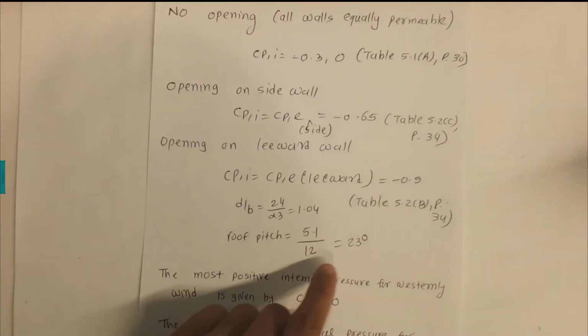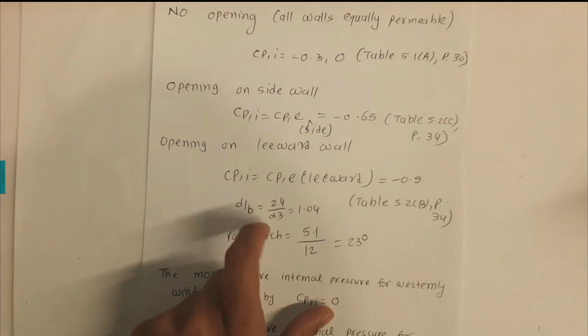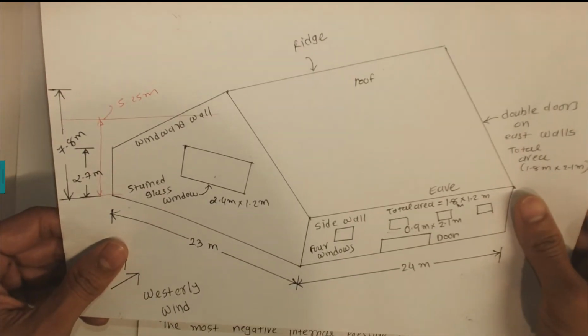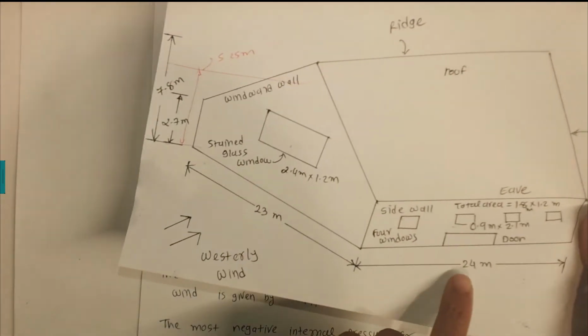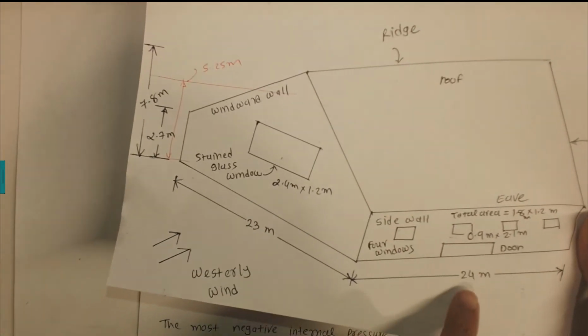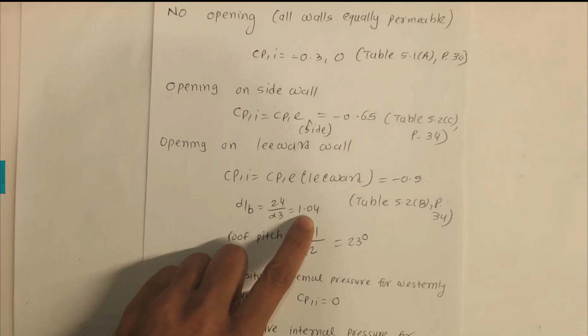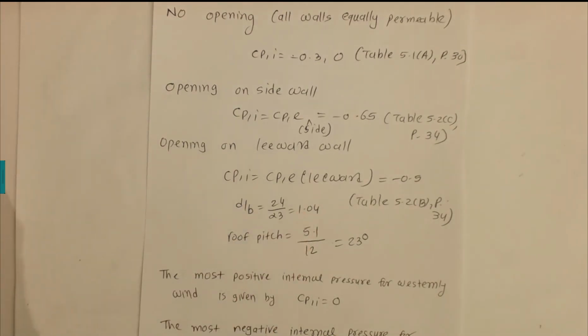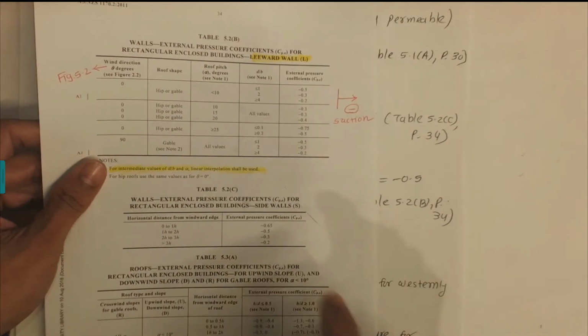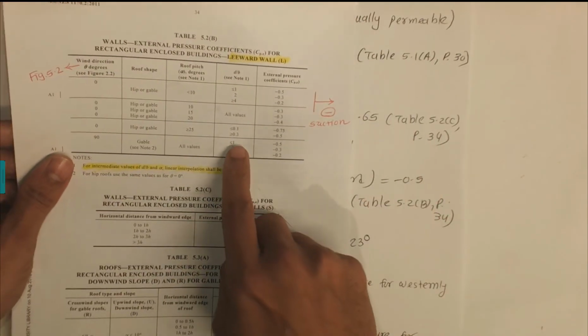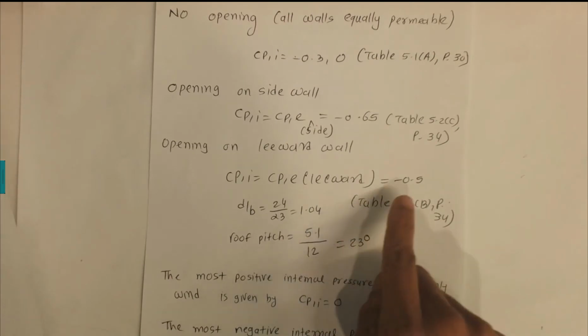That angle is actually 23 degrees. You can find D on B, where D is 1.24, parallel to this one, and B is perpendicular to this one, 1.04. So that has a D on B value of 1.0, so equal to 1, so that has a minus 0.5.